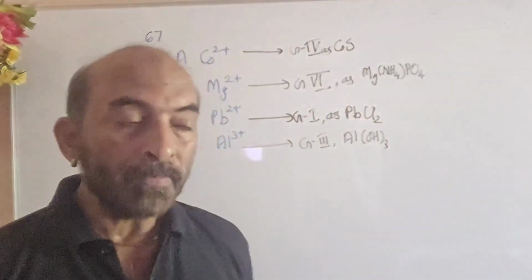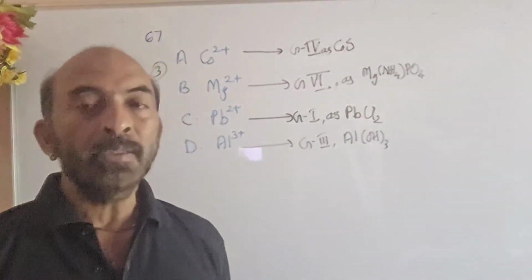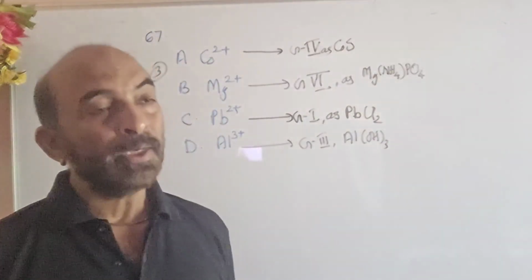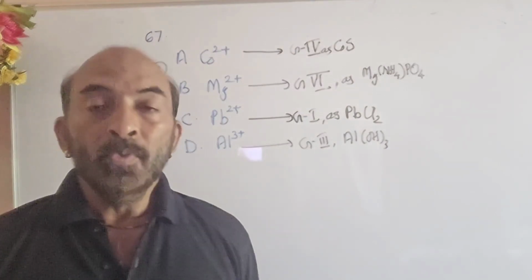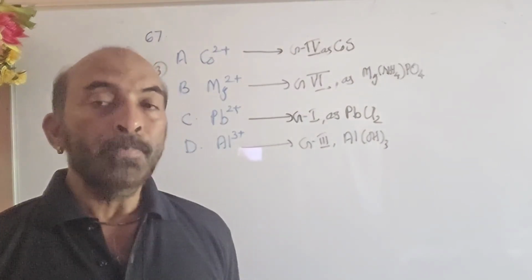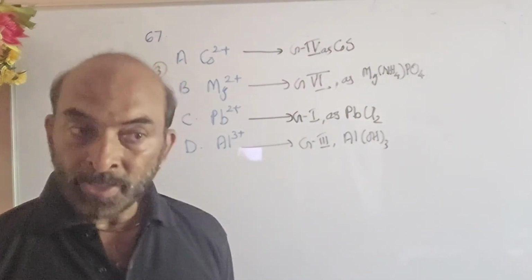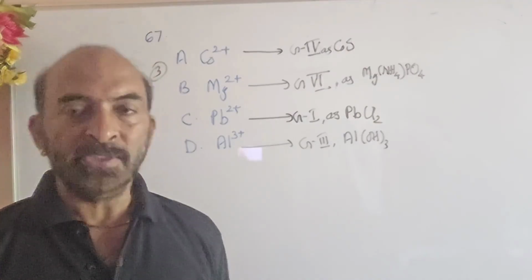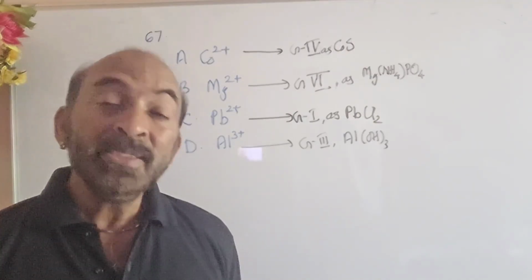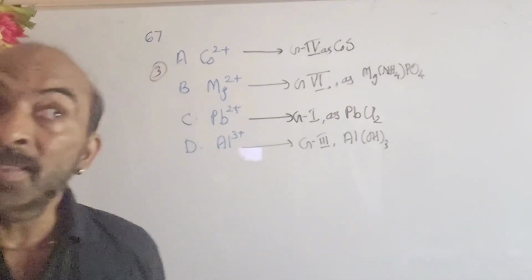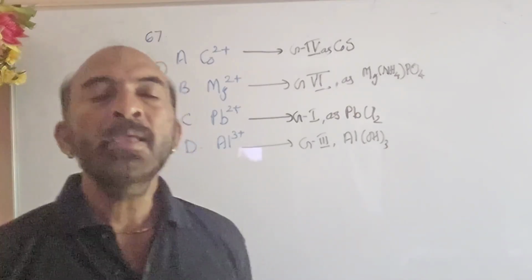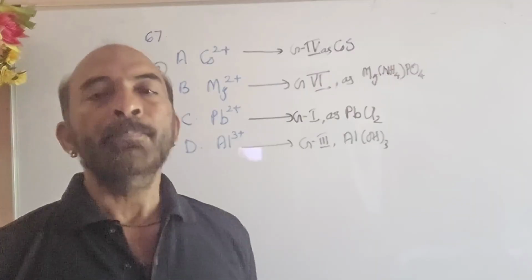Cobalt ion is precipitated in the fourth group, where the reagents are ammonium chloride, ammonium hydroxide, then H2S is passed. Hydrogen sulfide is passed in the basic medium.